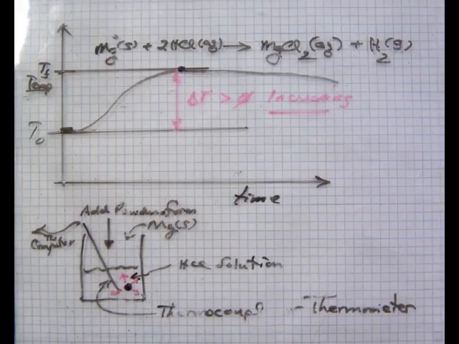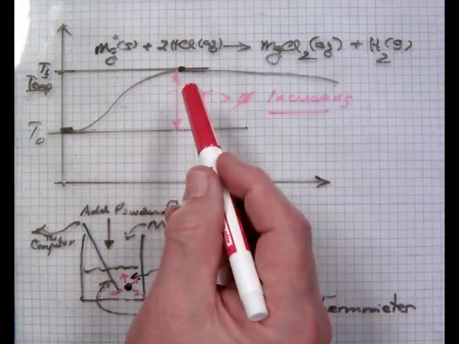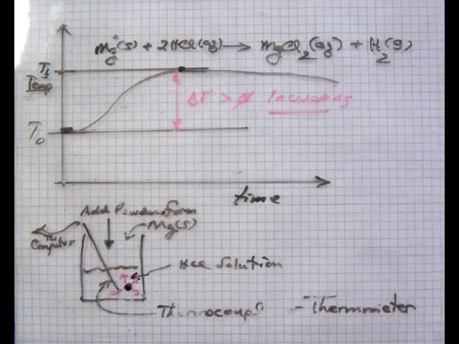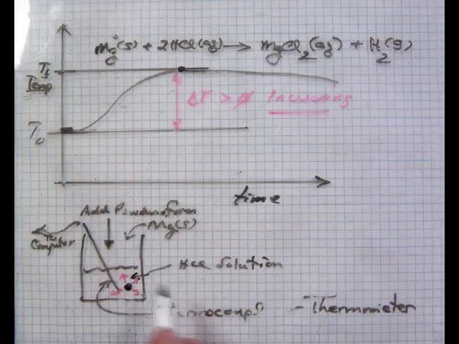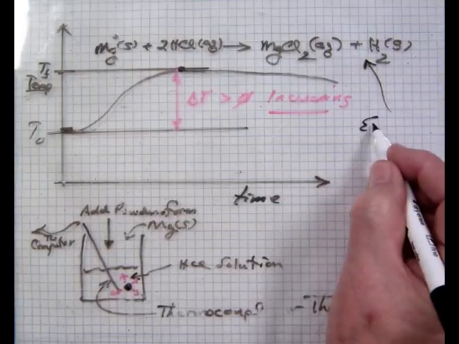Anybody? Colder. Thank you. So you have observed a change and then interpret it in terms of, well, what's the system doing? It's losing energy. So the conclusion is the reaction is exothermic.